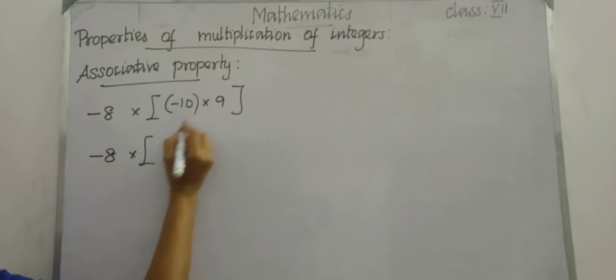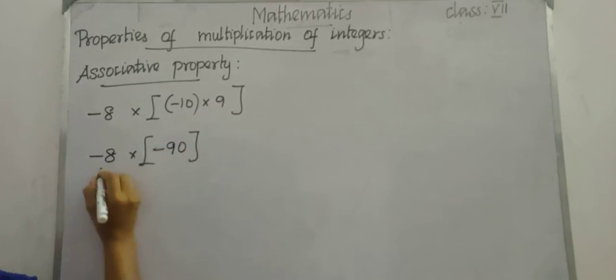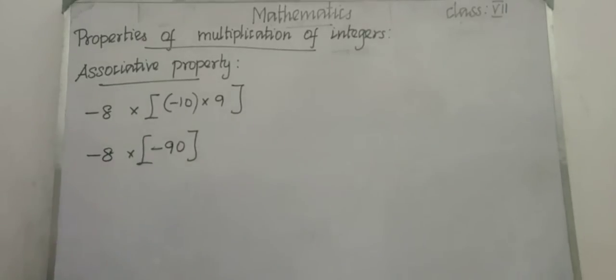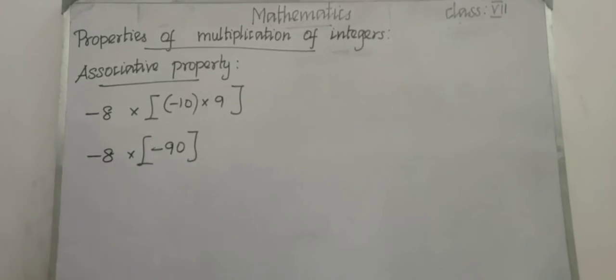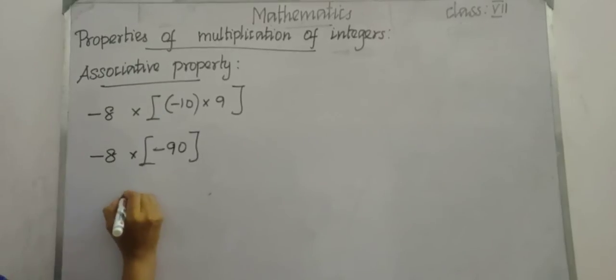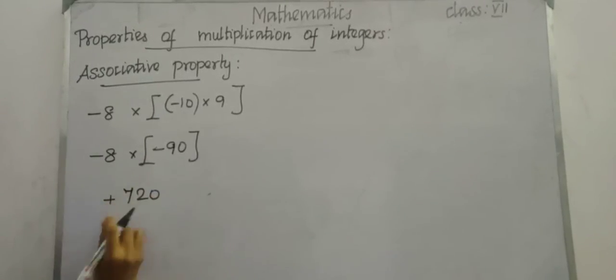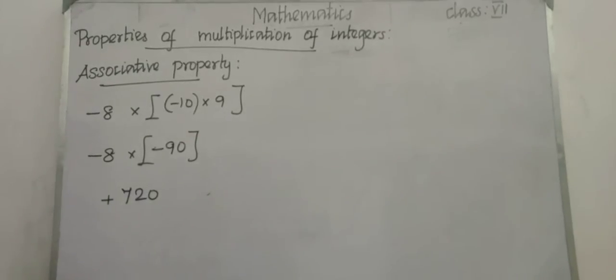So minus into plus, minus, so minus 90. Now multiply 8 into 9, 9 8s are 72, so 720. So minus into minus will get plus, so 720 is the answer.